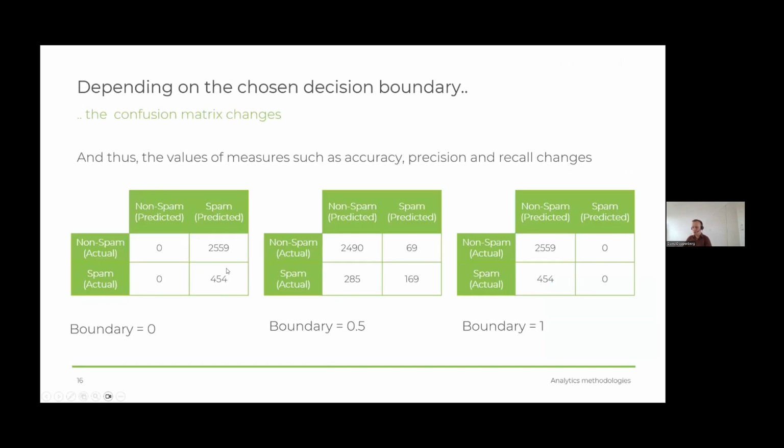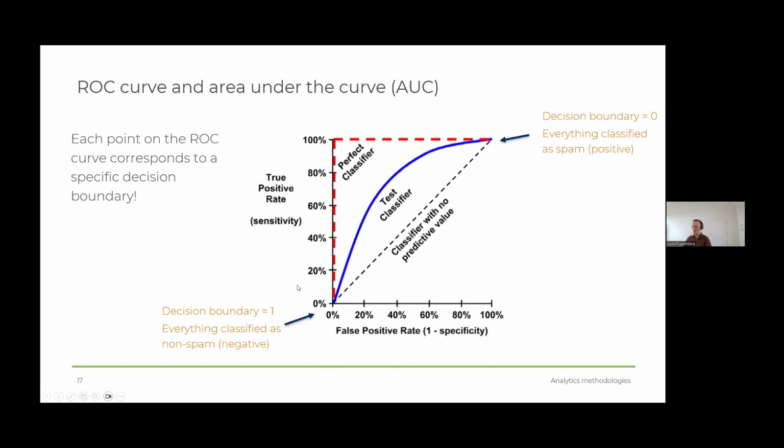So here you will see that with the decision boundary of 0, you will get a 100% true positive rate. On the other hand, you have 0 true positives, which means that the true positive rate is 0. And you can have the same, but flipped argument for the false positive rate. And therefore you can see that decision boundary 1 basically means we end up in 0, 0.